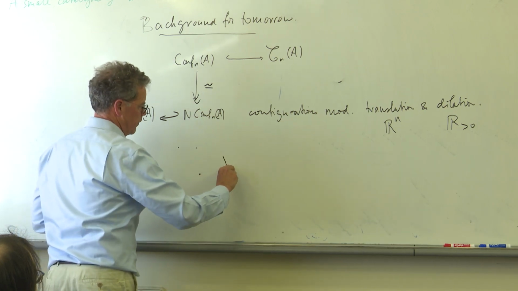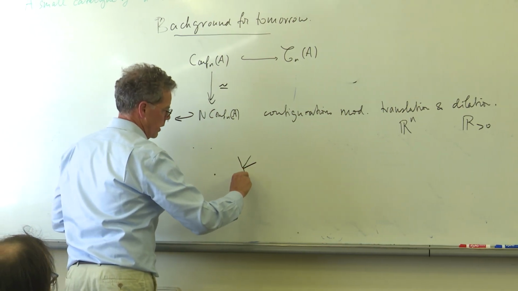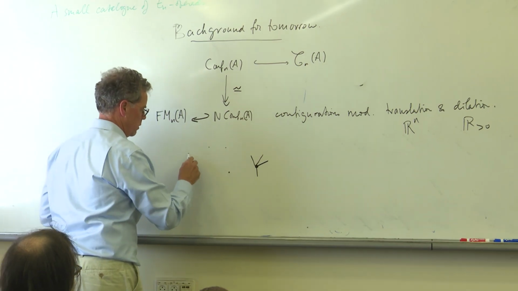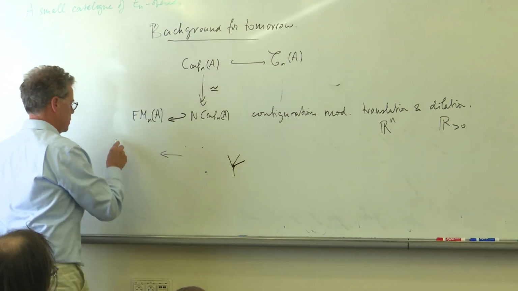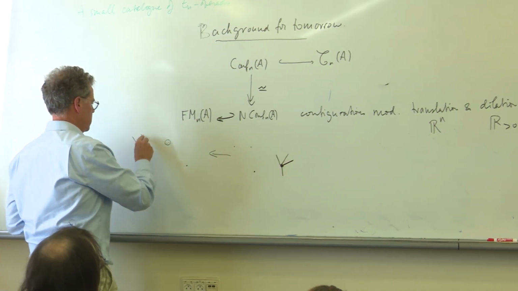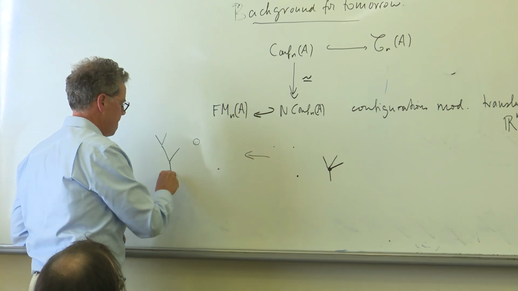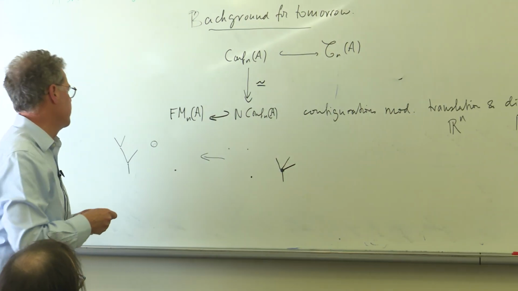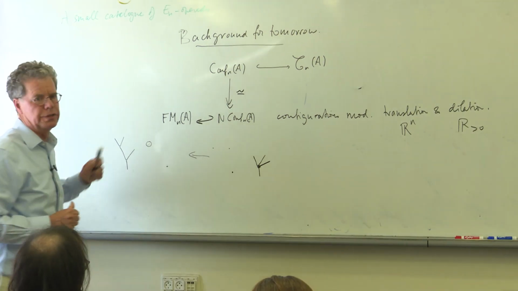If they don't collide, this would be pictured by a corolla. And if these two collide, so let's say it converges to something like this, then you picture this type of collision by a tree.